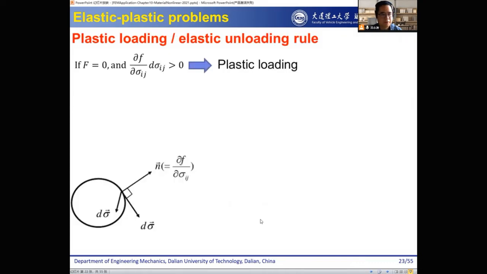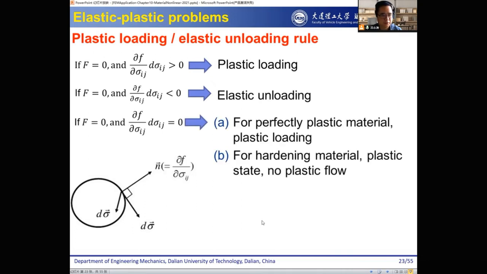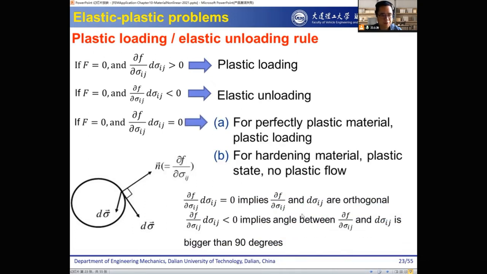Now let's have a look at the plastic loading and elastic unloading rules. So how do we determine whether it's plastic loading or elastic unloading? For plastic loading, if F is the yield surface, so if they are at the yield point, and if the value of those variables is bigger than 0, then we say this material is doing plastic loading.